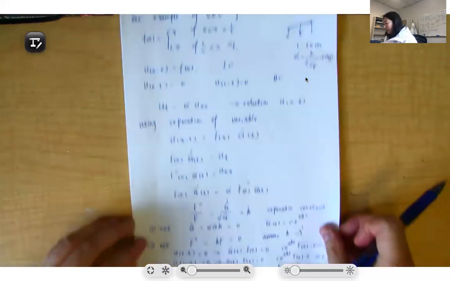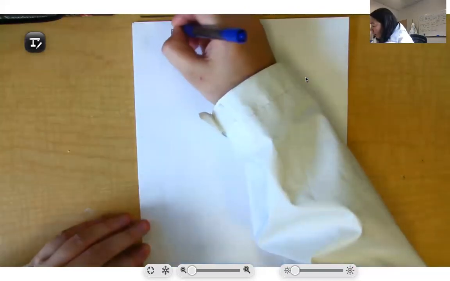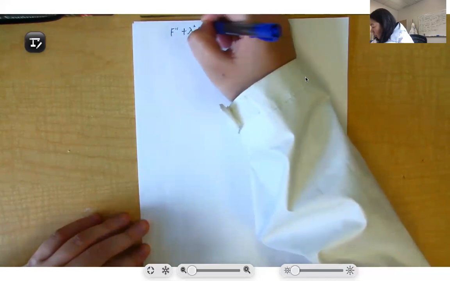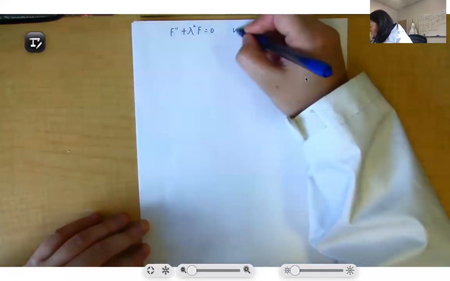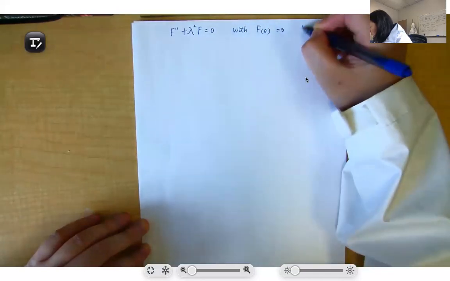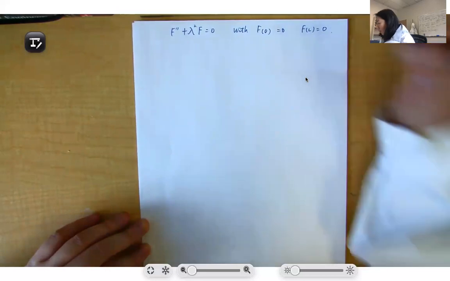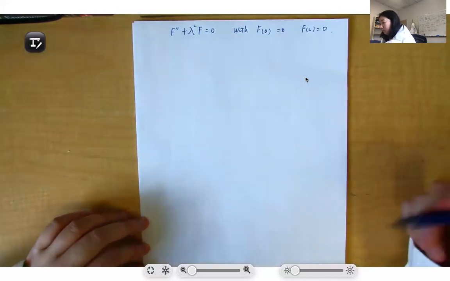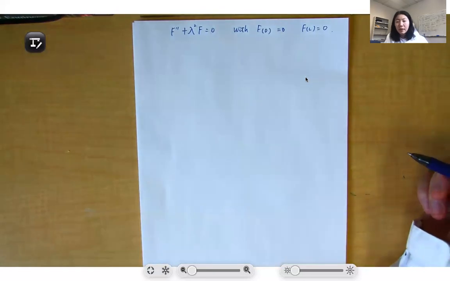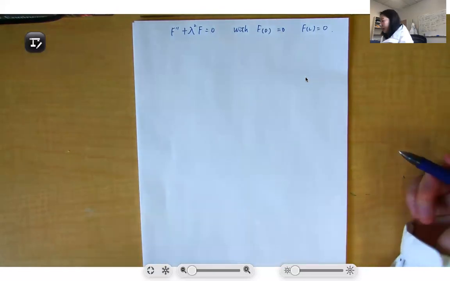Okay. So we have f double prime plus lambda squared f equals 0 with f(0) equals 0, f(L) equals 0. Then to solve the Sturm-Liouville problem set, we first need to know what the eigenfunctions and eigenvalues are, right?